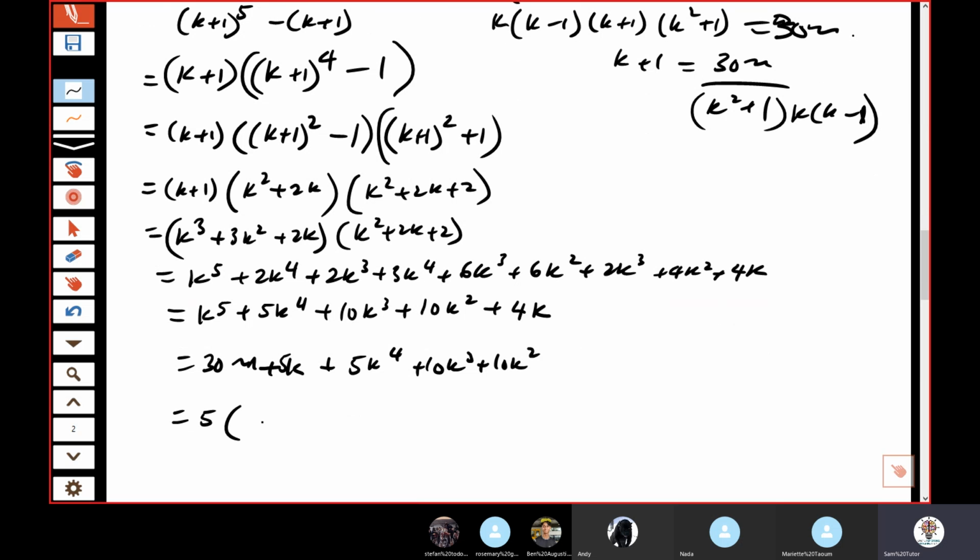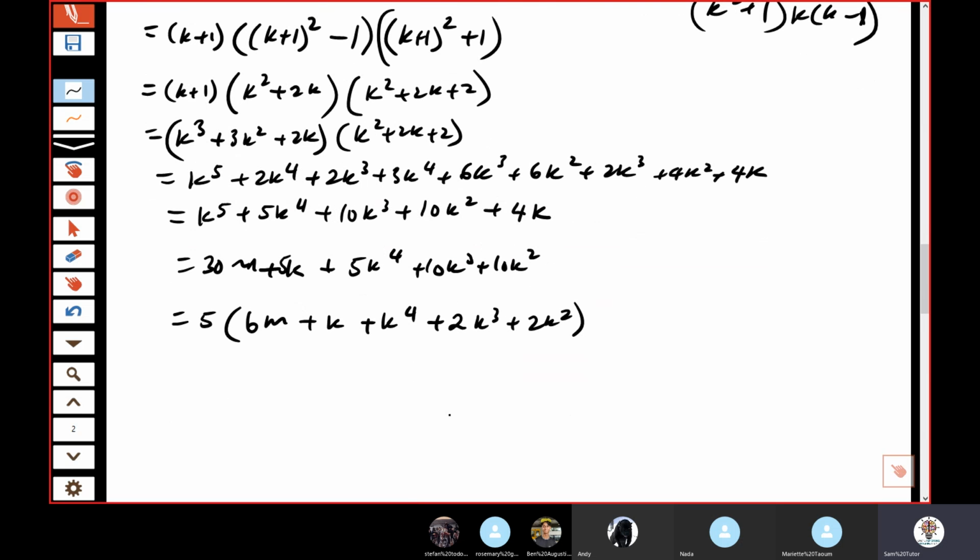That means what must happen on the inside? 6m plus k plus k4 plus 2k cubed plus 2k squared. What must definitely happen on the inside? Well, the inside must be a factor of 6, right? Because then 5 times 6 gives you my 30 that I'm looking for.